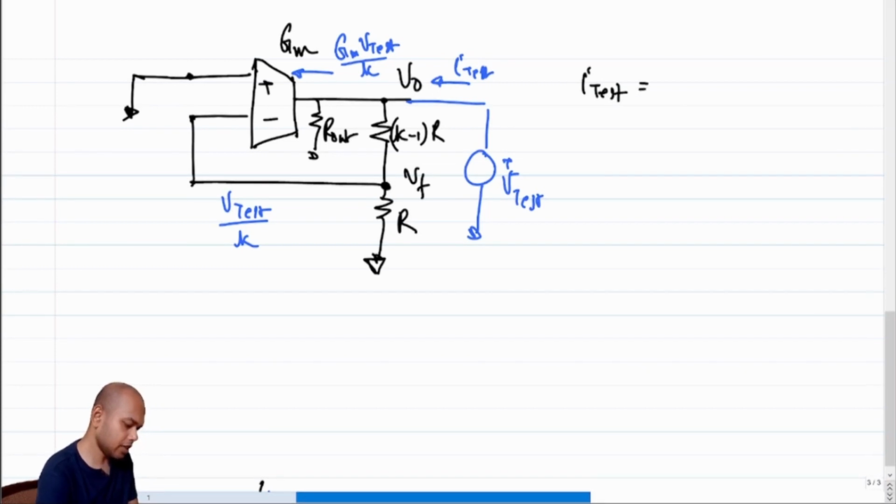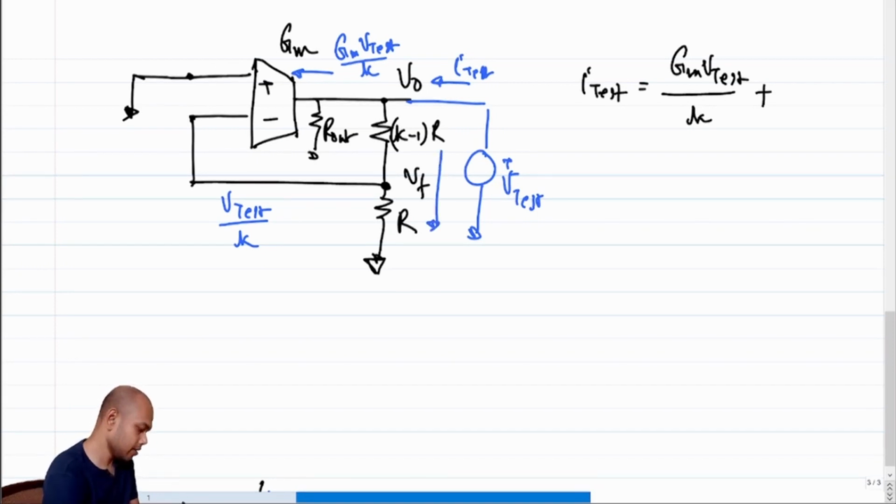I test equals GM times V test over K plus the current that is flowing through this stack, which is V test over KR, plus the current that is flowing through the output resistance, which is V test over R out.